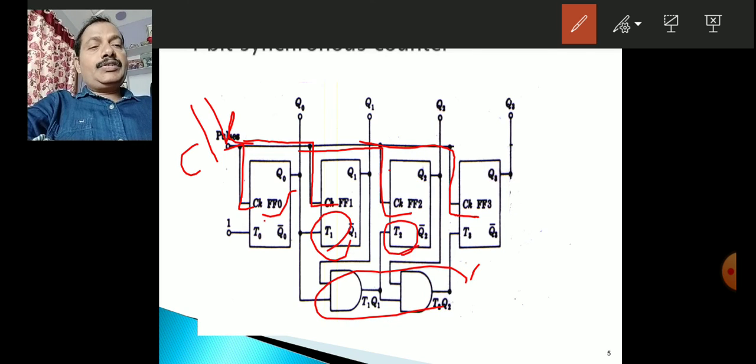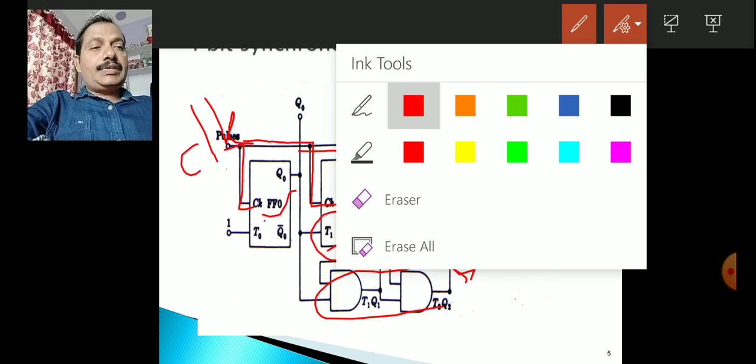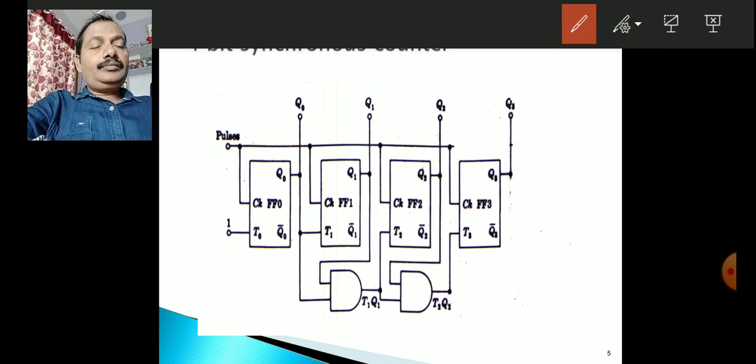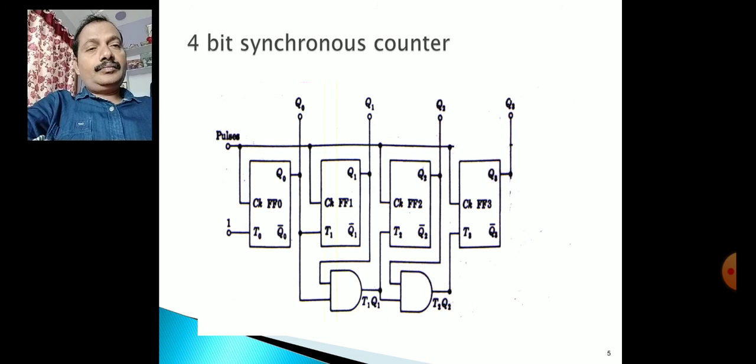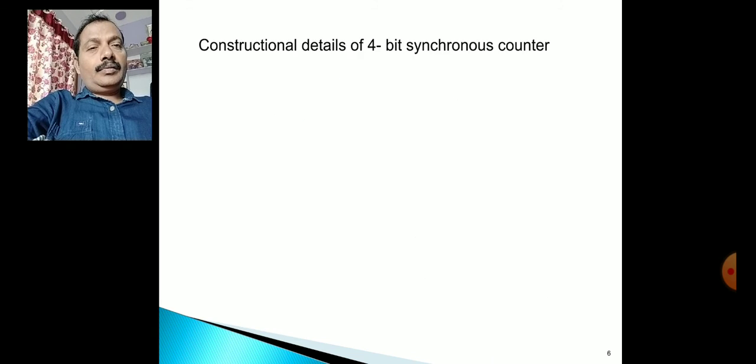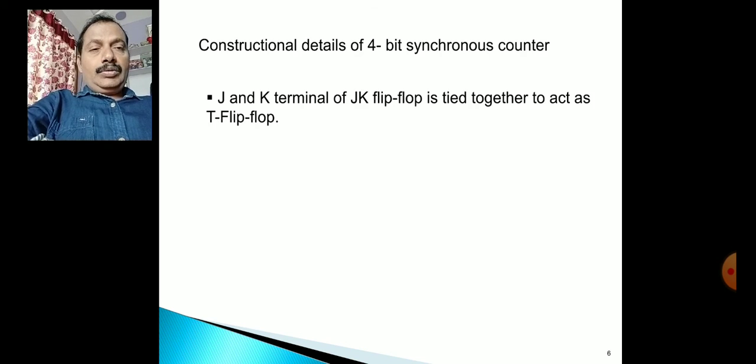Similarly FF2 based on T2, FF3 based on T3, according to the design equations. The J and K terminals of the JK flip-flop are tied together to act as a T flip-flop.